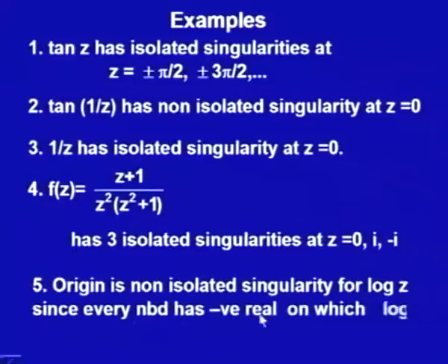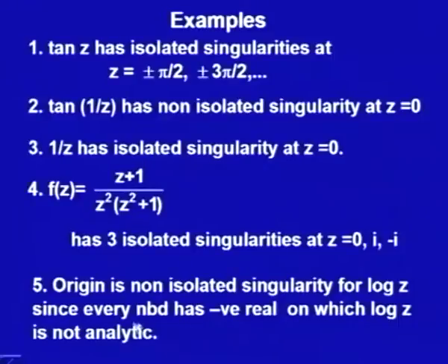Now, if I consider the function log z, then origin is a non-isolated singularity for log z. Why? We do know that the log function is defined for all positive real x. Now, if I take origin and a neighborhood on the real line itself, then for all negative points log is not defined, so log z is not analytic over there.